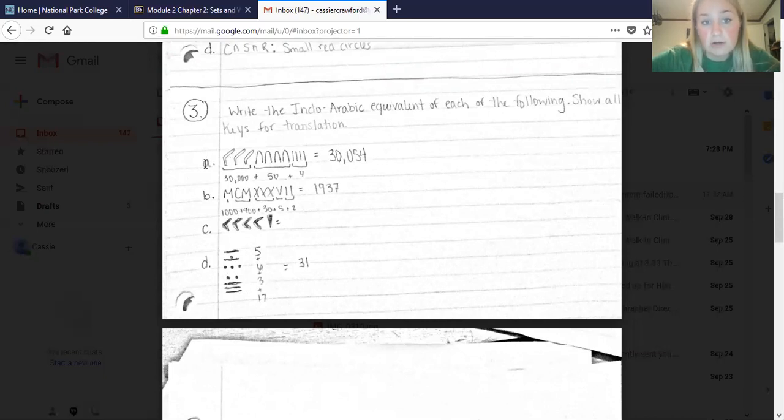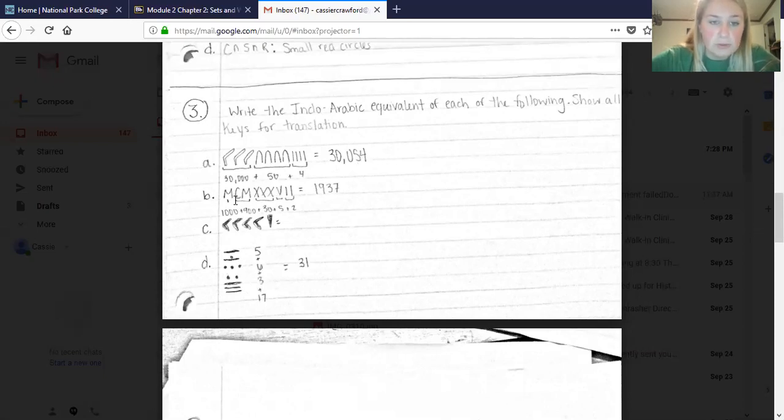Since there are 3 of them, that means it's going to be 30,000. And these little upside down U's are going to be 50. And then our little dash marks here are just 1 each. So that is 4. And once you add all these up, it's going to equal 30,054.